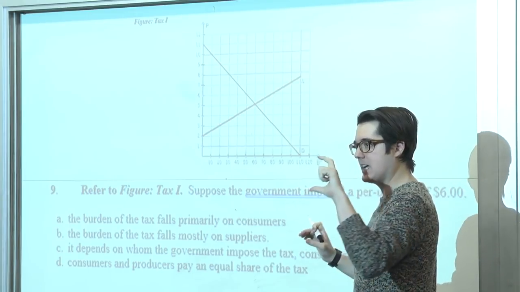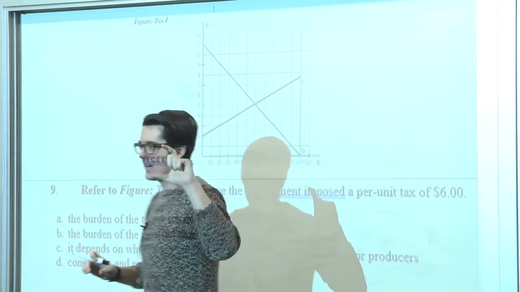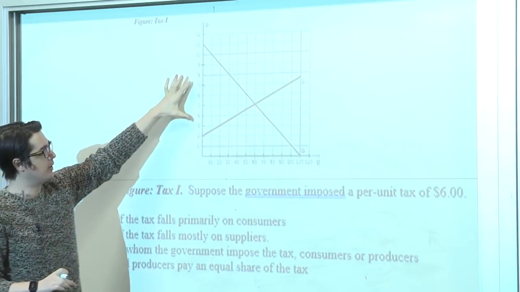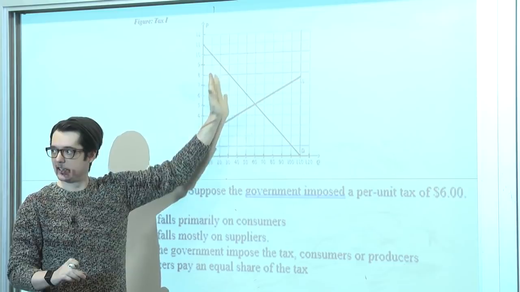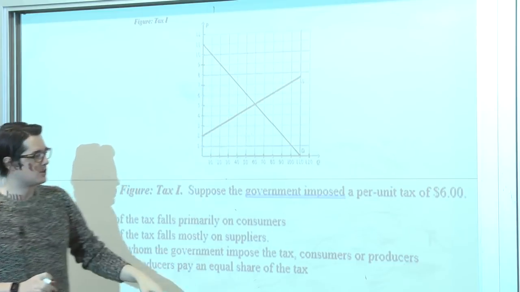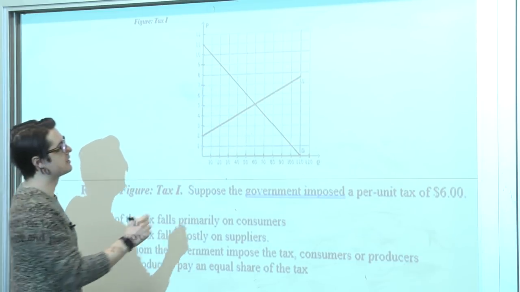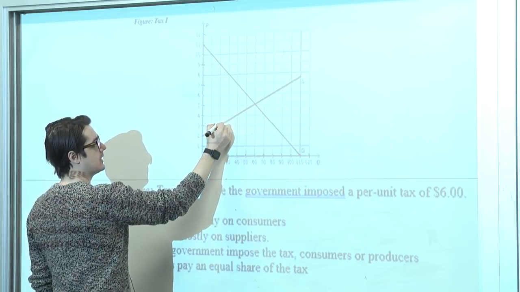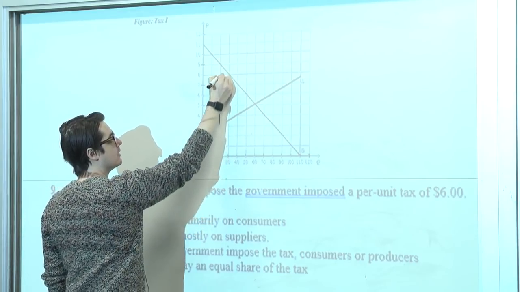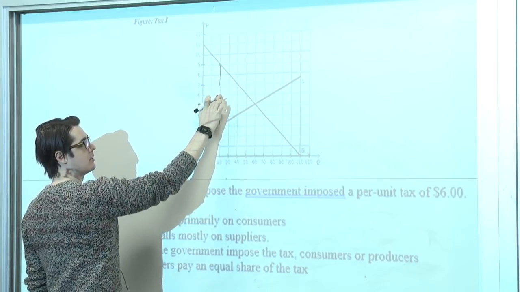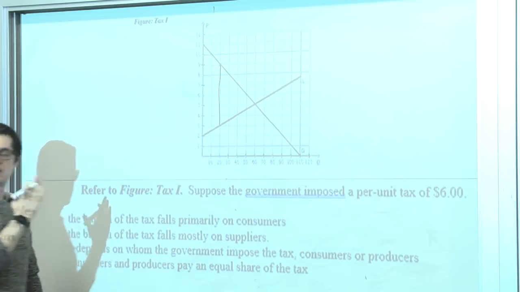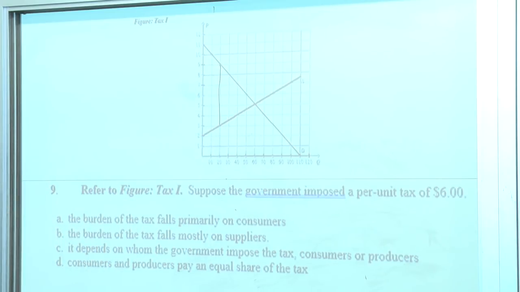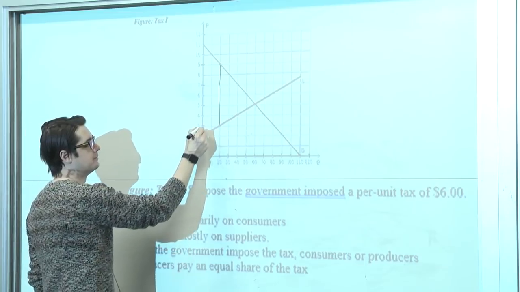We can just take the size of the tax, we call a tax wedge, and just put it until it fits between those two curves. So we have a tax of $6, so we're going to be able to fit that tax wedge right here, right? 1, 2, 3, 4, 5, 6. That's the spot where it fits nicely between those two curves.